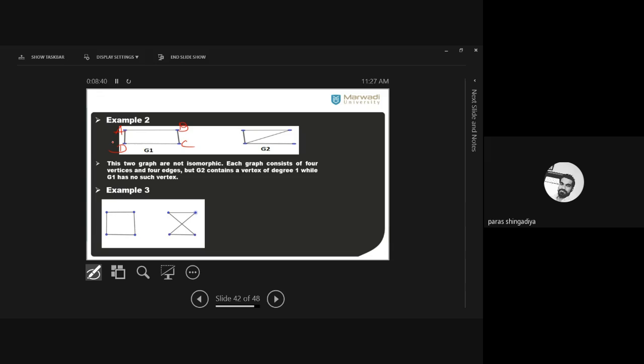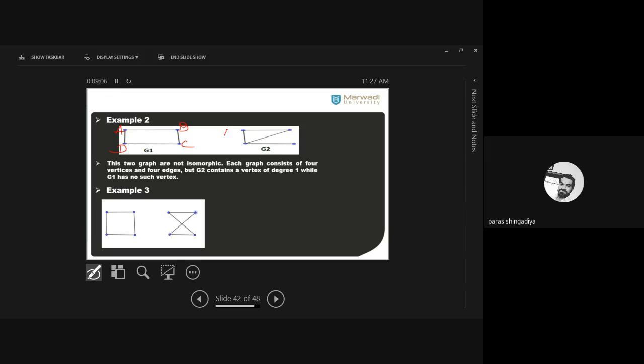So now find such a vertex in G2 whose degree should be 2. That will be the image of A. And A dash should be adjacent with 2 more vertices whose degree should also be 2. Then we can say they are B dash and D dash. Clear? So here there are 2 places whose degree is 2, and if we consider any of them as A dash, it is not correct. Why is it not correct?